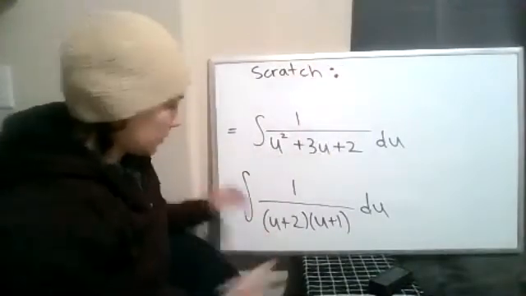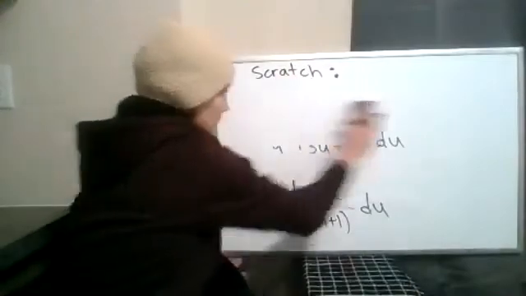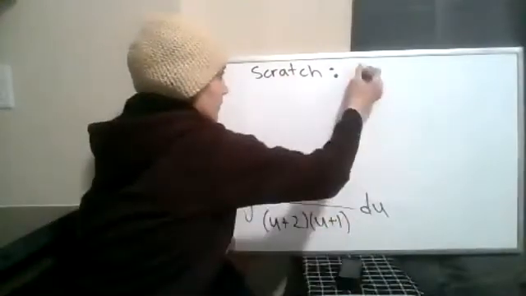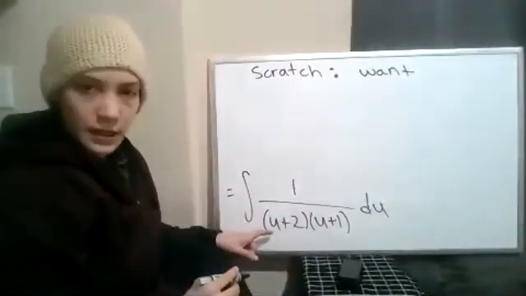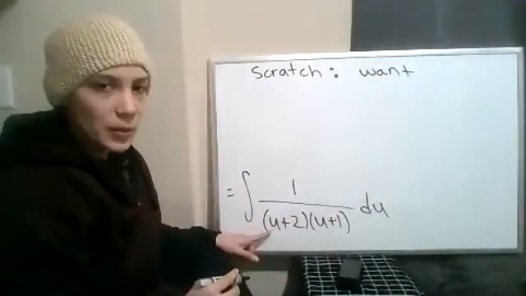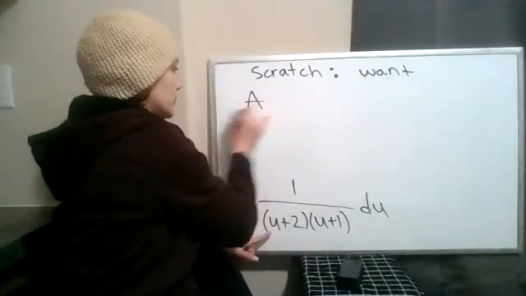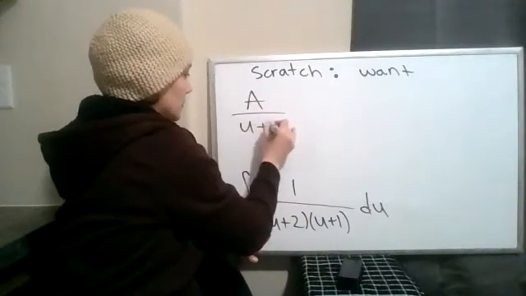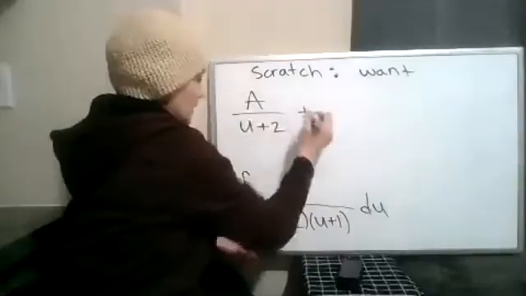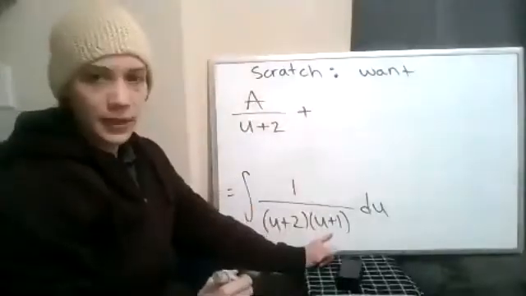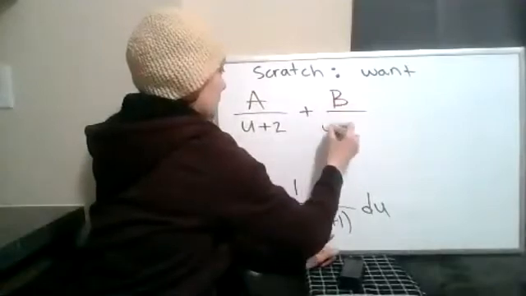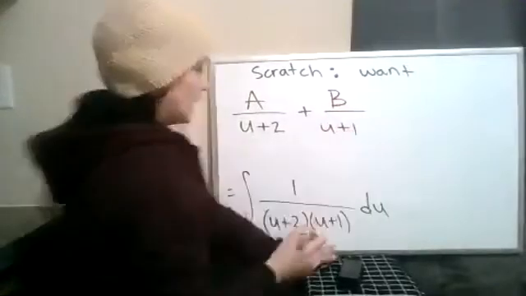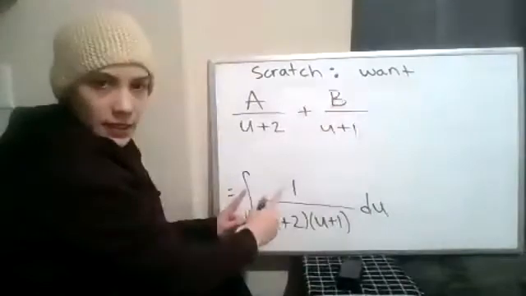It's like a scratch. Okay, we want something like a over u plus 2 plus b over u plus 1 equal to this.